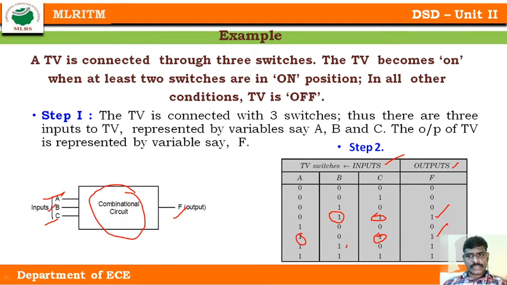A and B are on, TV is on. Or A, B, C, all 3 are in the on position, TV is on. In these conditions the TV should be on. In other conditions, like C is on but A and B are off, the TV should be off, so this is the zero condition. Like that I have formed a truth table, depending upon my problem statement.